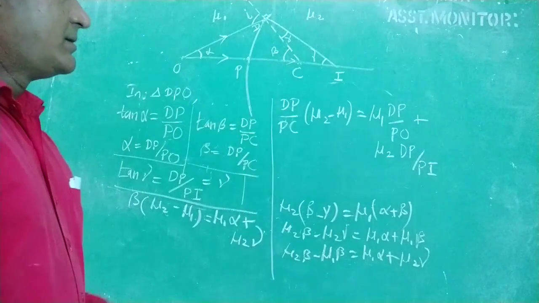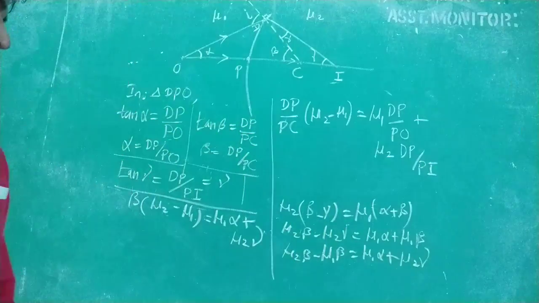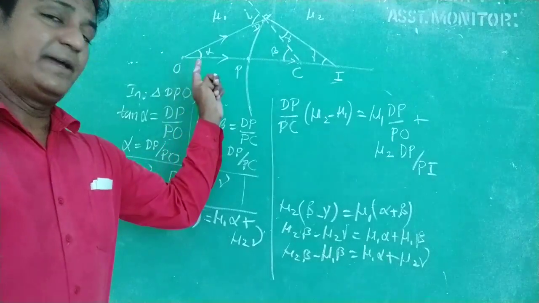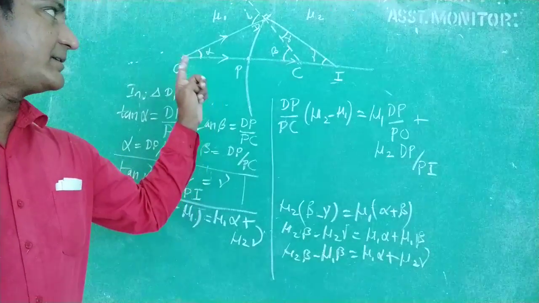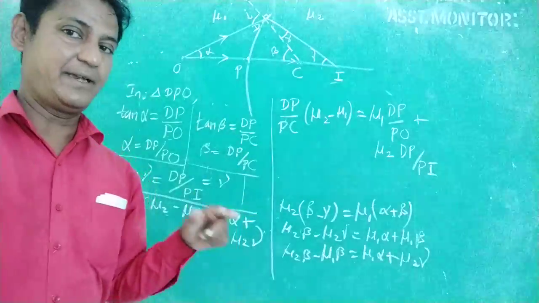Here, when the distance is taken along the direction of the light ray, it will be positive.